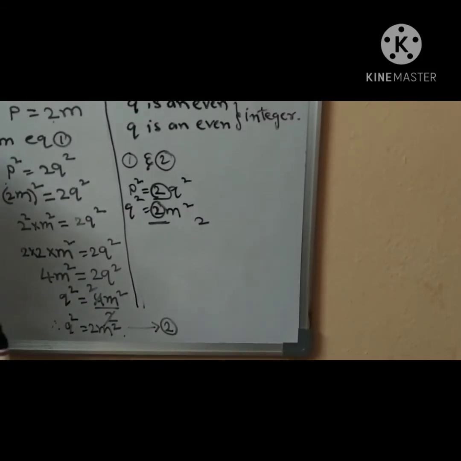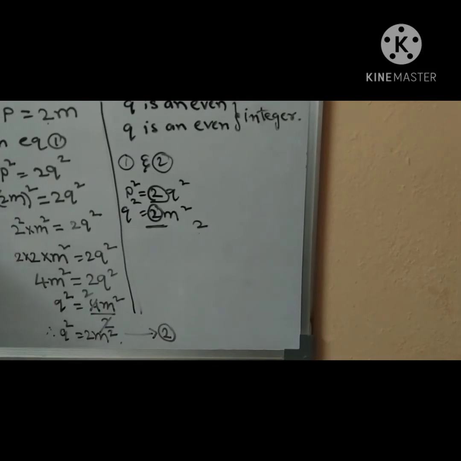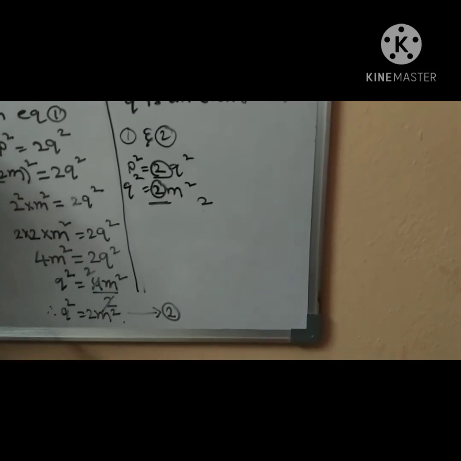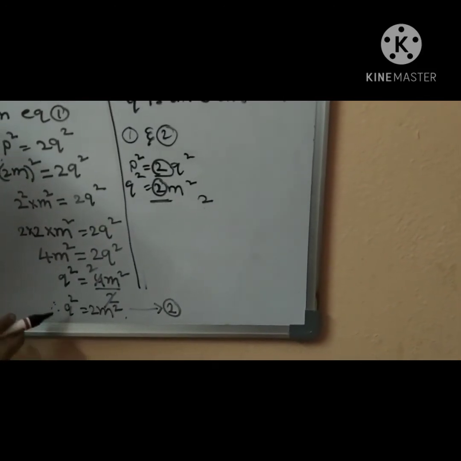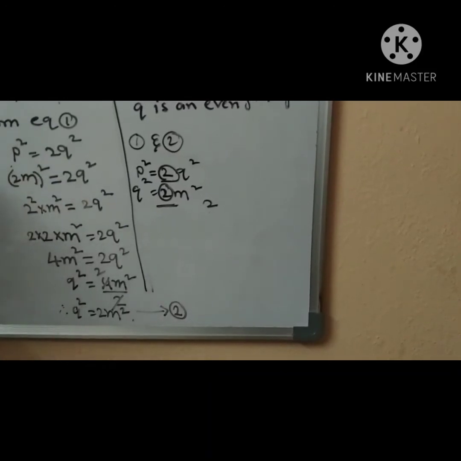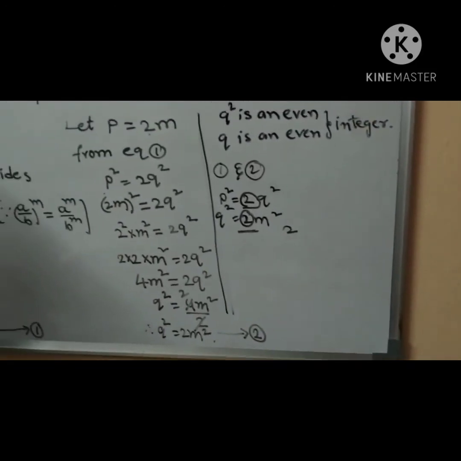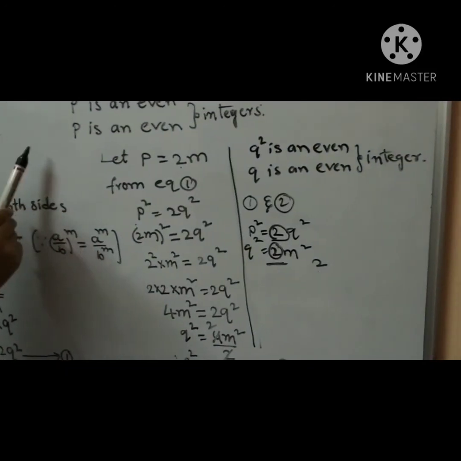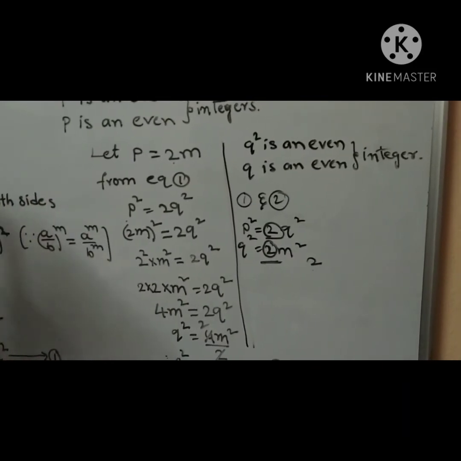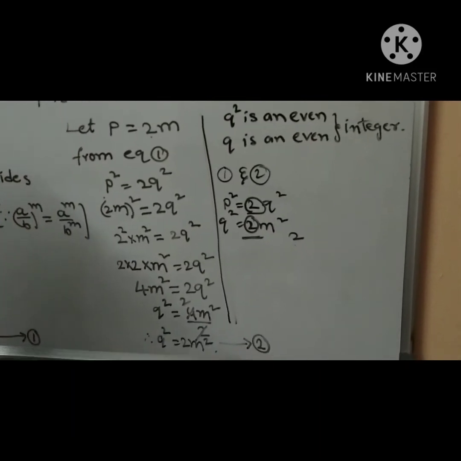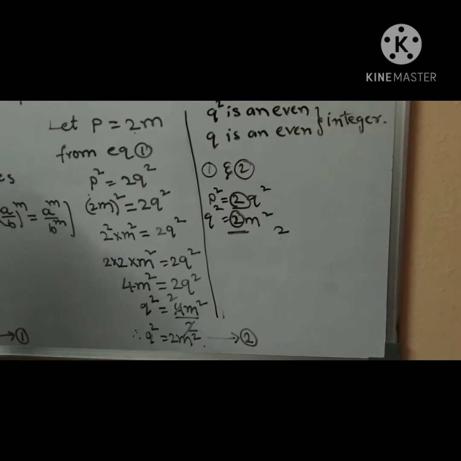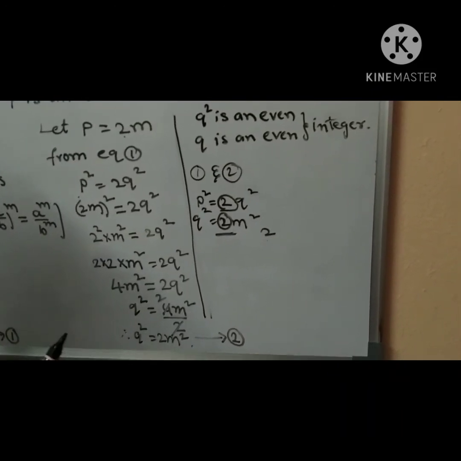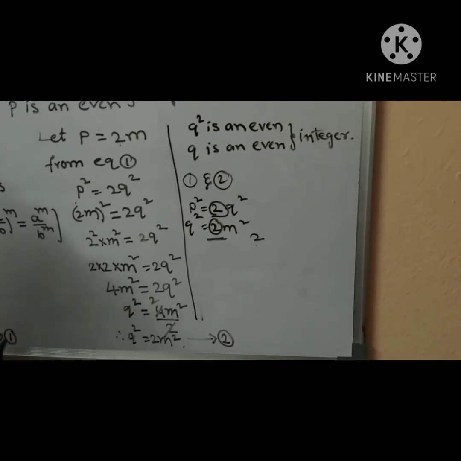But this contradicts the fact that p and q have no common factors. Since p by q is a rational number, p and q are integers but have no common factors. Okay children.